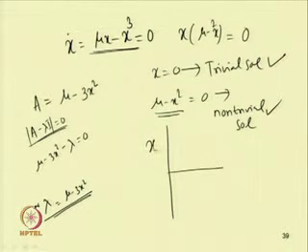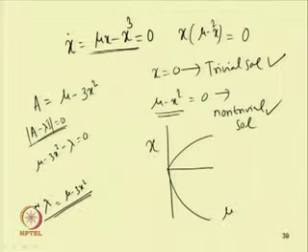So, let us plot this curve. This is x and this is mu. I'll take x equal to mu, and so this is the 0 line.